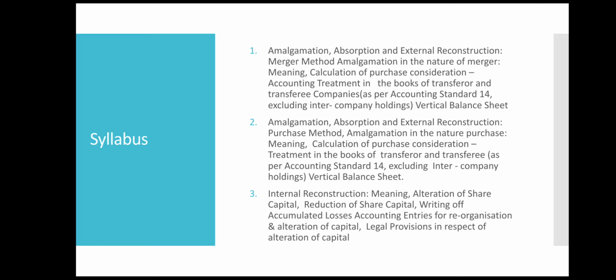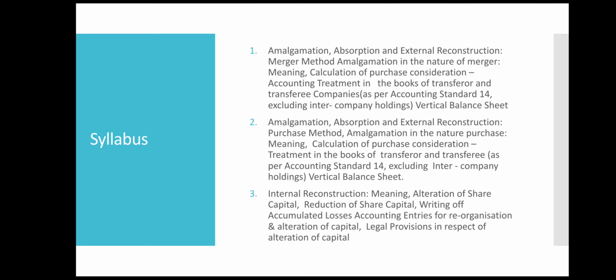Alright, so second module, amalgamation, absorption and external reconstruction, purchase method. Amalgamation in the nature of purchase, meaning, calculation of purchase consideration, treatment in the books of transferor and transferee company as per Accounting Standard 14, excluding intercompany holdings, vertical balance sheet.